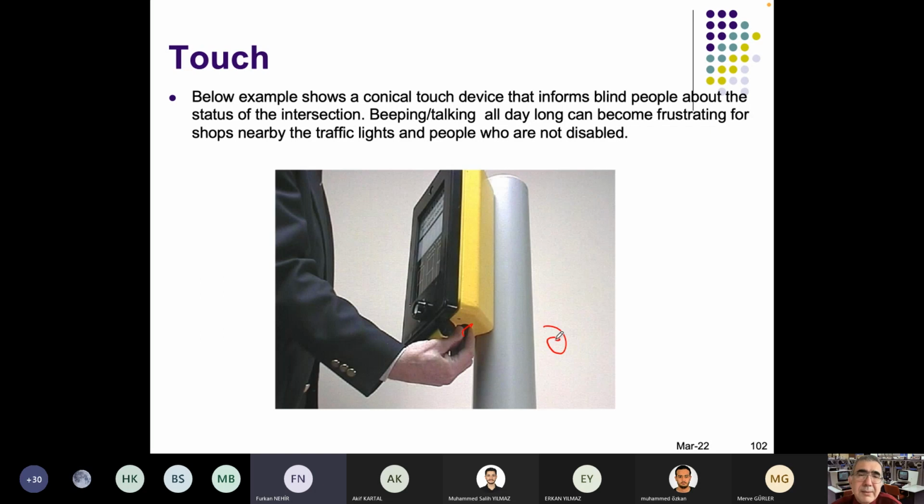So you can check the status of the street lights by touching, not by hearing a voice saying "you can cross now, you can cross now," or beep beep beep beep, etc. So that will make other people crazy.